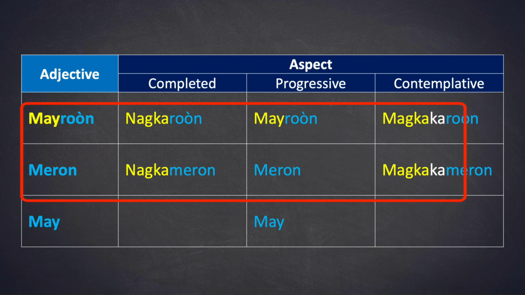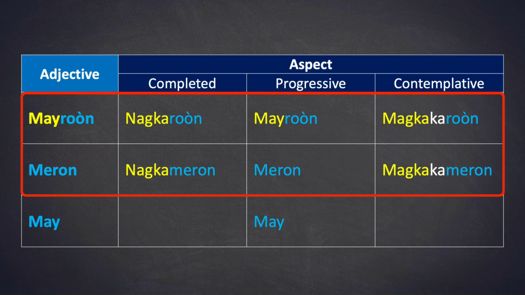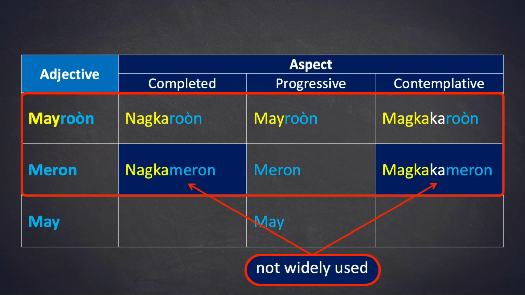As you can see, both mayroon and meron exist in the timeline in the past, present, and future. Nagkaroon, mayroon, magkakaroon, nagkameron, meron, magkakameron. Take note that nagkameron and magkakameron are used in predominantly Tagalog-speaking provinces outside of the capital region of Metro Manila.